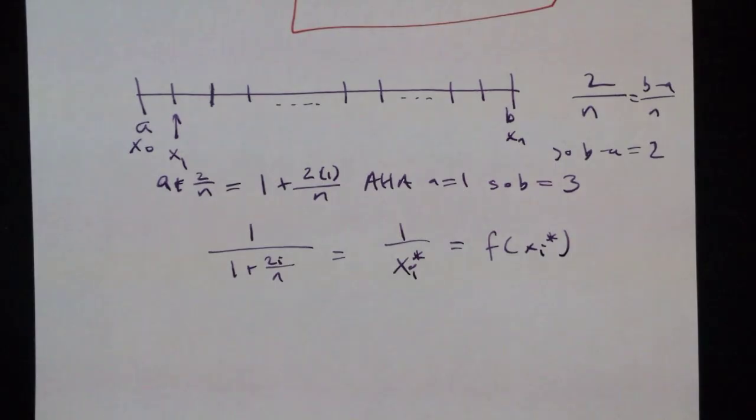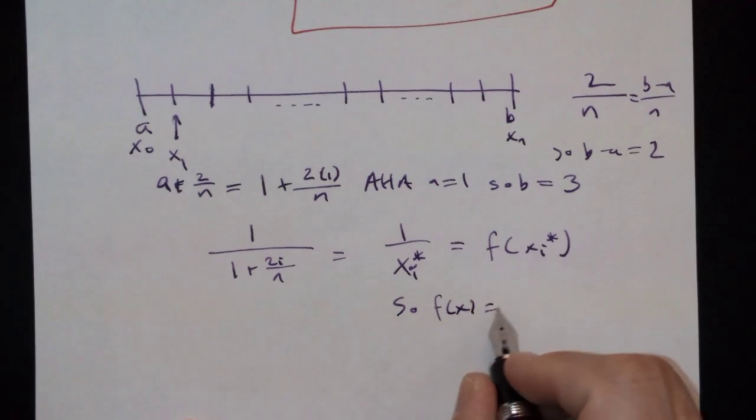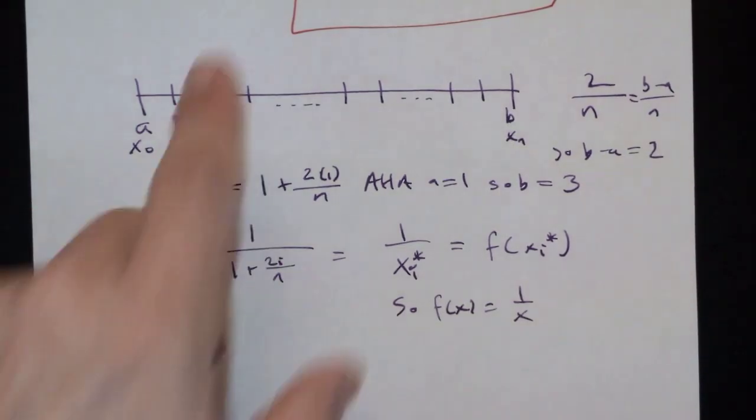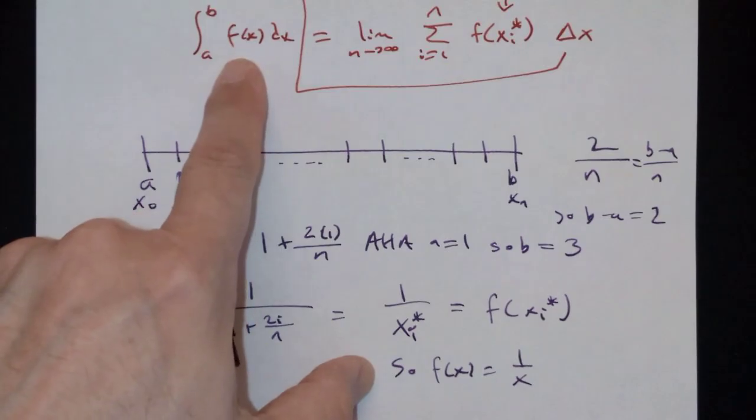If that's f of xi star, what's f of x? Say that again. 1 over x. Hey, wait a minute. I want to write an integral, yes? To write an integral, I need to know a and b and f of x.